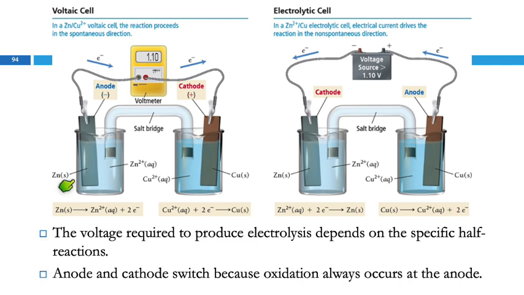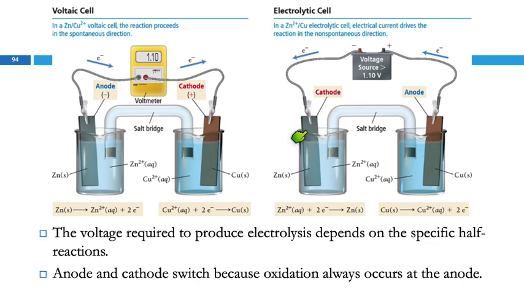So this is that cell we looked at the beginning with zinc and copper. And we have a spontaneous reaction that will generate current, generate a potential of 1.1 volts. In the electrolytic cell, what we're doing is we're forcing the electrons to go in the reverse direction.